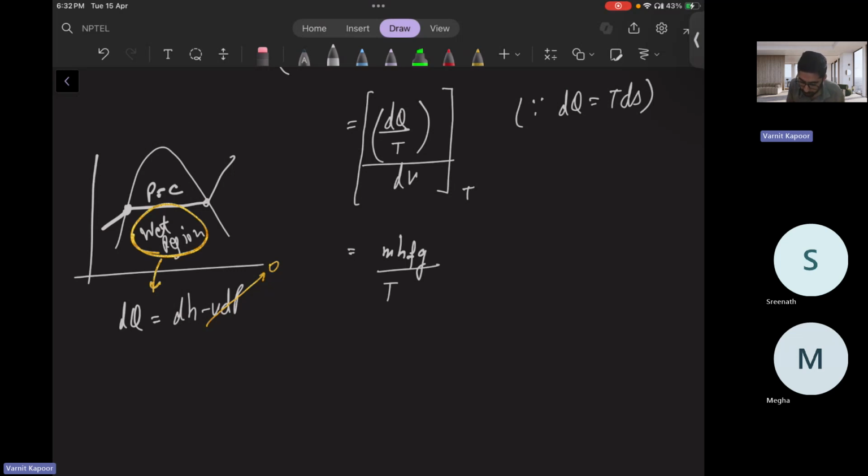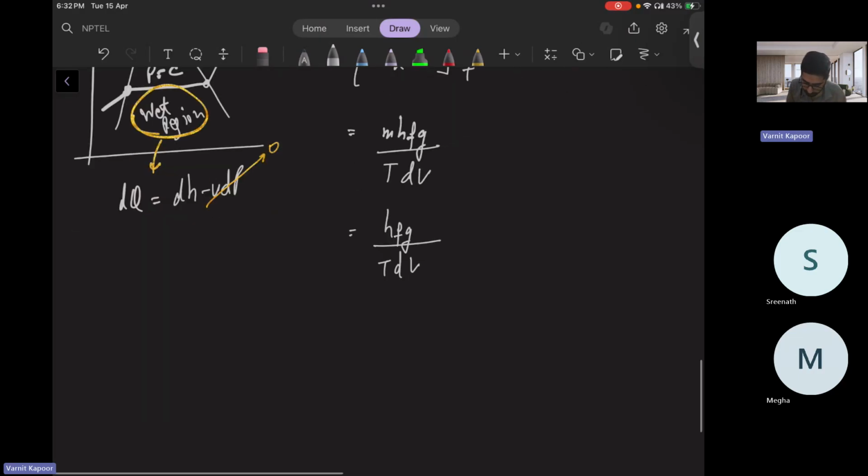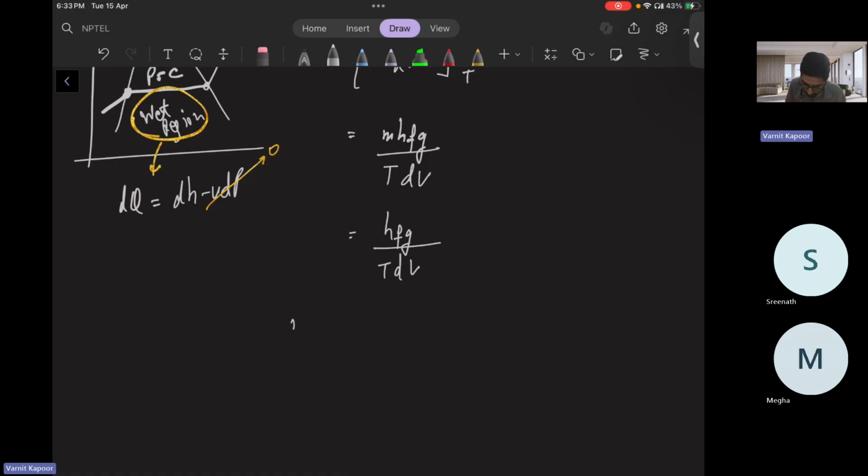So it is hfg by T dV, that is your dP by dT. The final relation is dP by dT at constant volume equal to hg minus hf, over T into dV, and dV can be written as vfg, so vg minus vf.